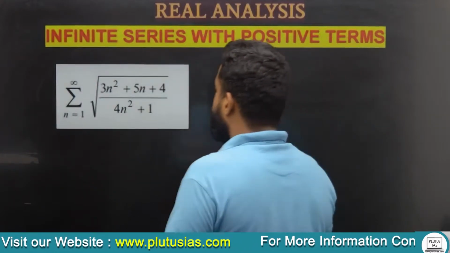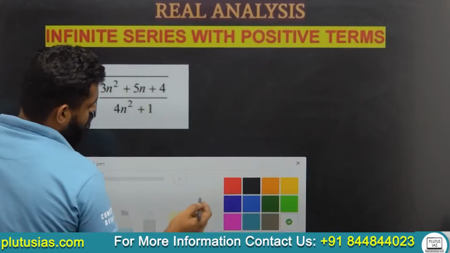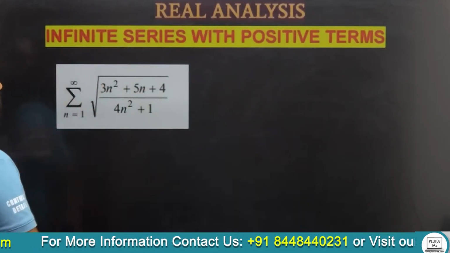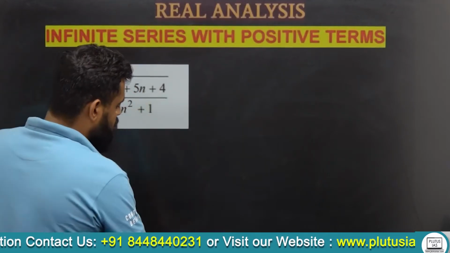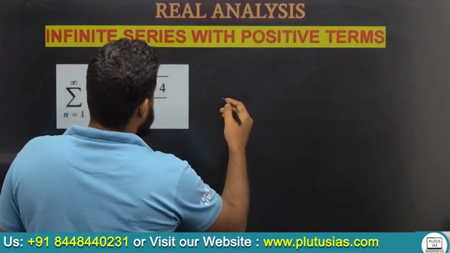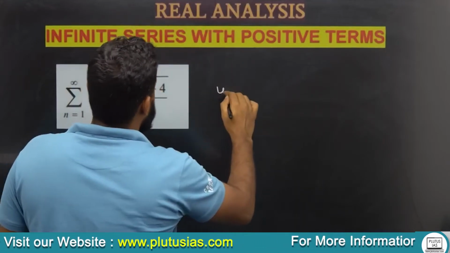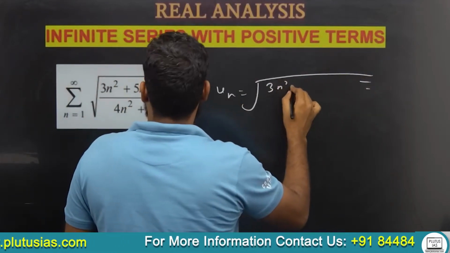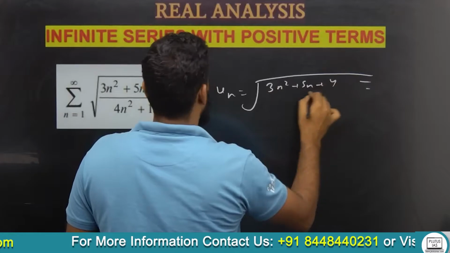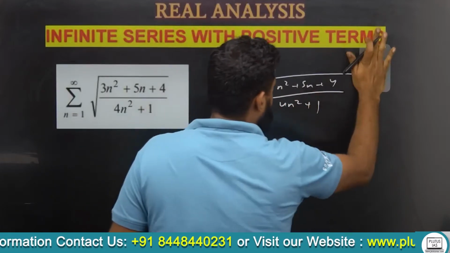Now we have the case here that we have to find whether it is divergent or convergent. Clearly, first of all we checked using the earlier formula, that is limit. See, here the un is nothing but under root of 3n square plus 5n plus 4 upon 4n square plus 1.